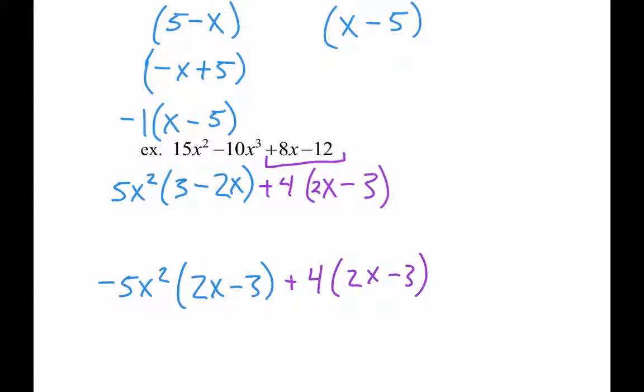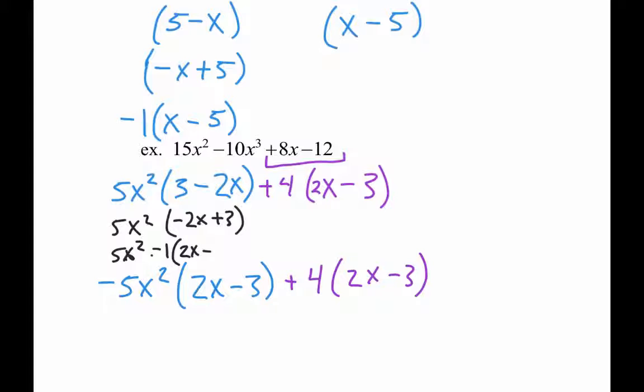So if you want the steps in between, we could change the order and say this is a minus 2x plus 3. And then I have my 5x squared. And if I want to make it a negative 1, I could say I have my 5x squared times a negative 1, times the negative 2x gives me a positive 2x.